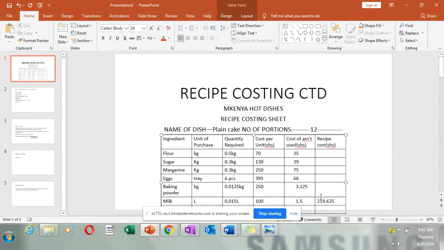That is our recipe cost, isn't it? That is our recipe cost.